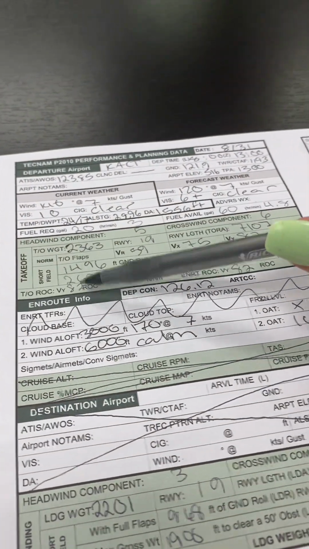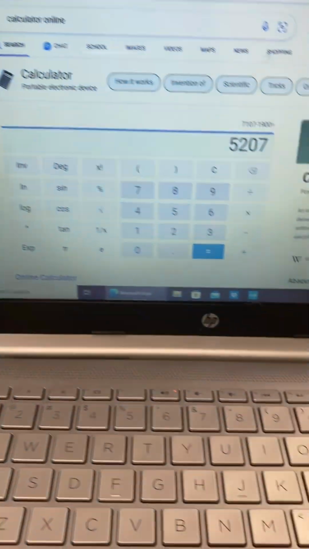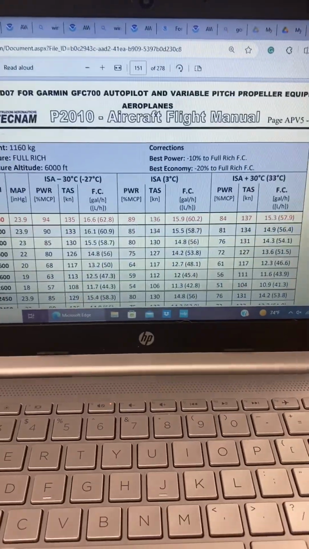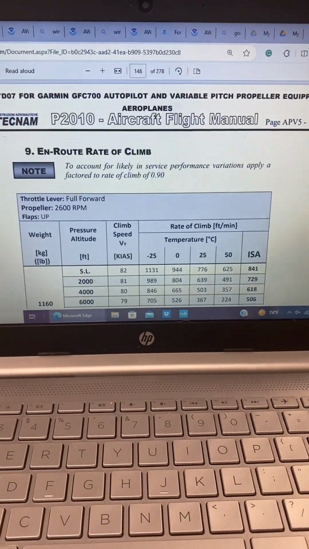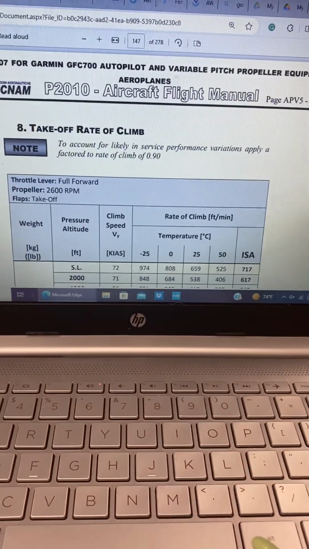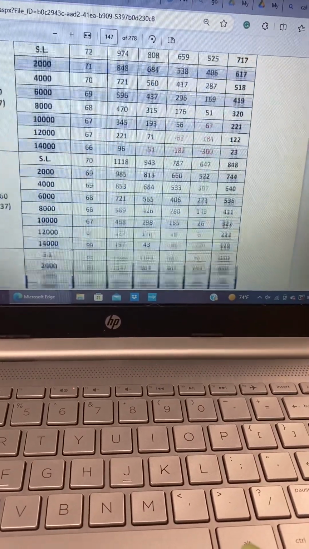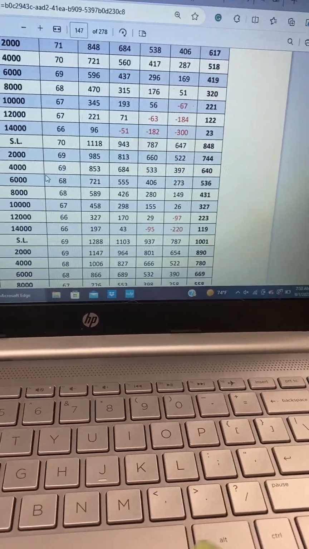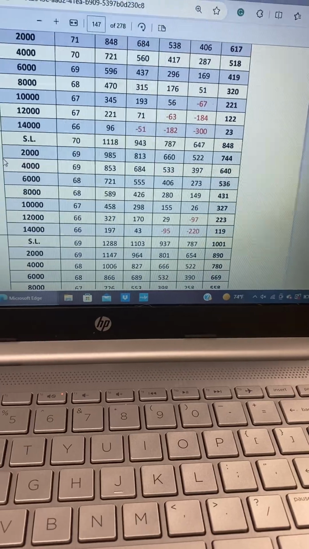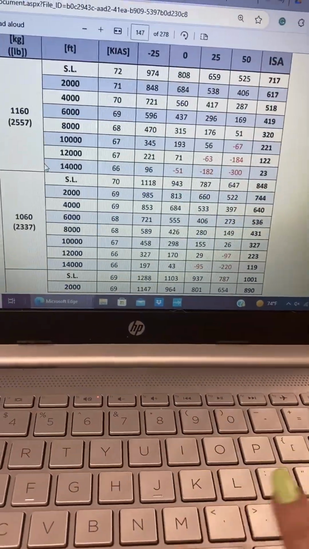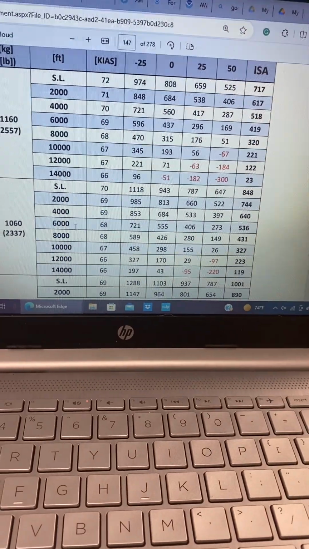We're going to go to our takeoff rate of climb. We're going back to these charts. Let me click on there. En route rate of climb. Takeoff rate of climb, okay? So for our weight, which is going to be closer to this one, we're going to go to our pressure altitude of about 4,000, right here.